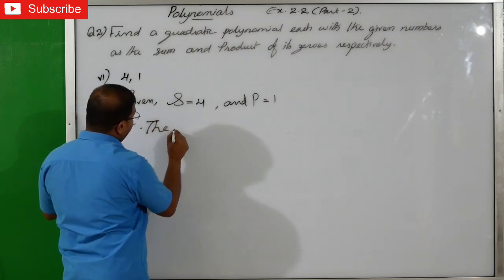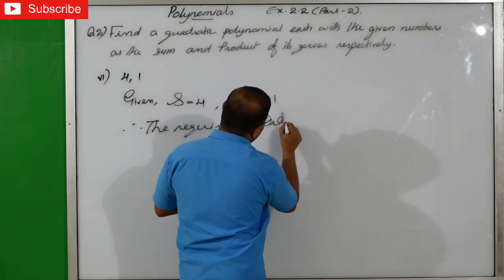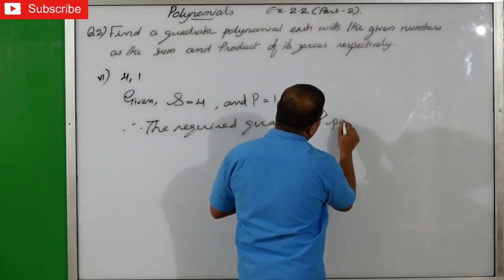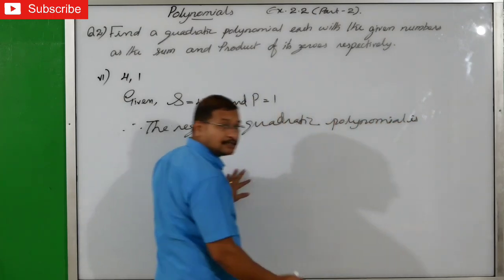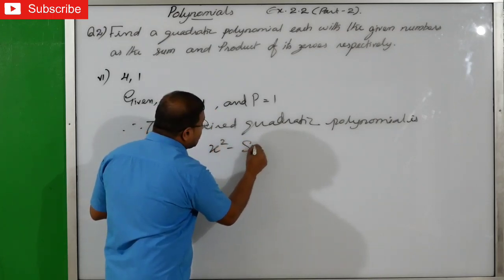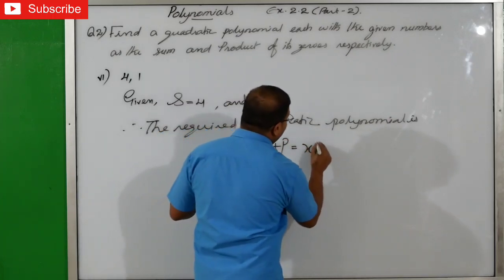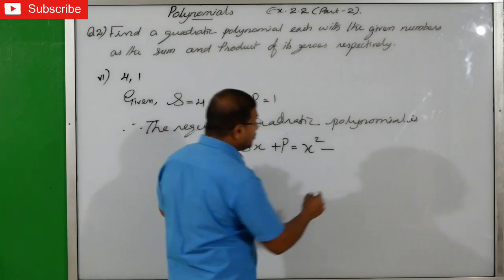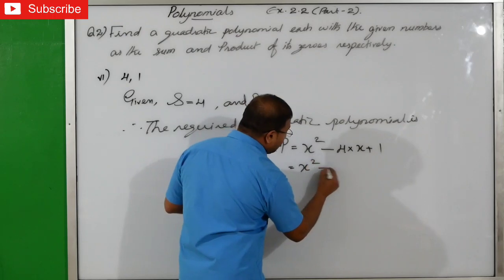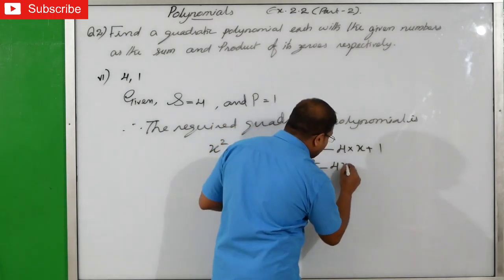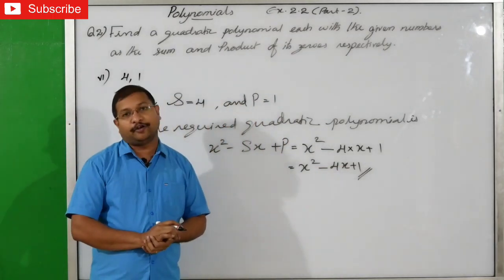Therefore the required quadratic polynomial is x square minus sum of the zeros into x plus product equals x square minus 4 into x plus 1, that is x square minus 4x plus 1. So this is the required quadratic polynomial.